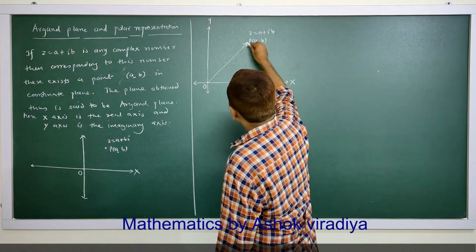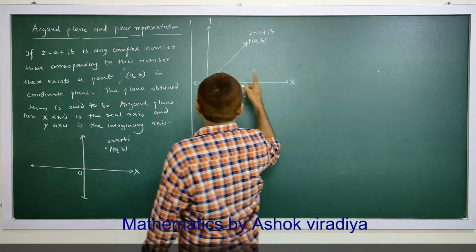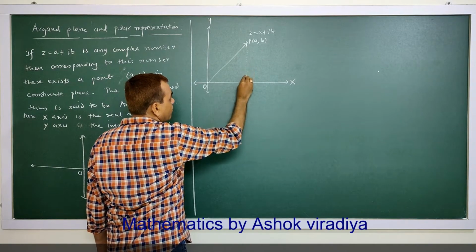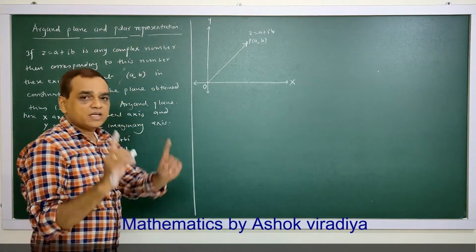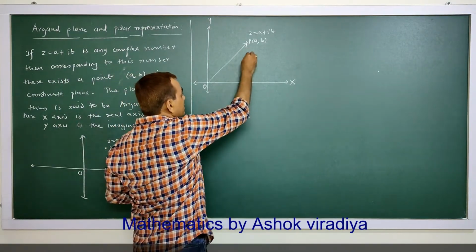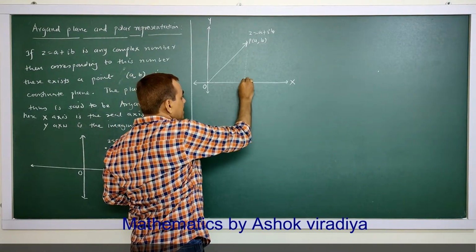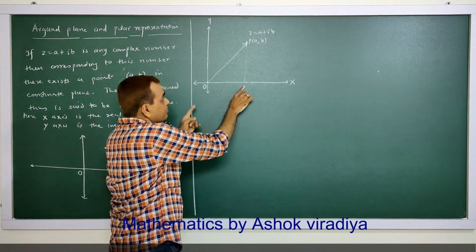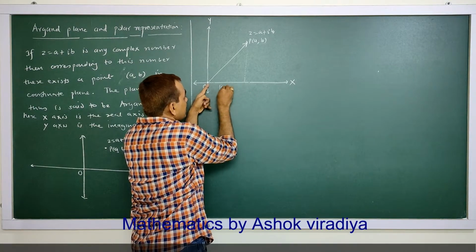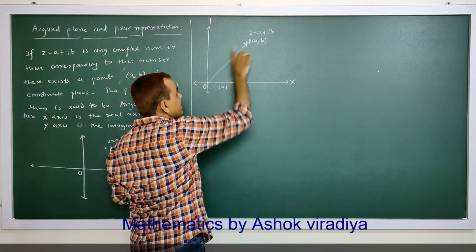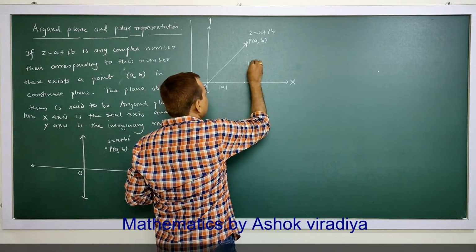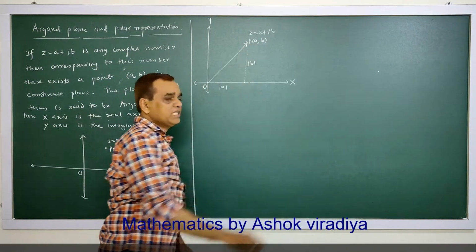Now, taking the perpendicular from P on the x-axis, the foot of the perpendicular lies on the x-axis, so this length will be modulus of a, because the x coordinate is a. This length will be modulus of b, because the y coordinate is b.